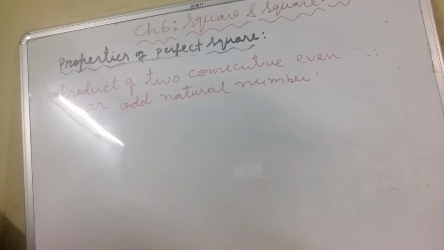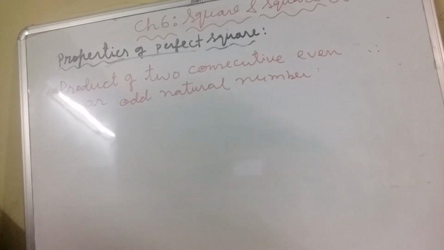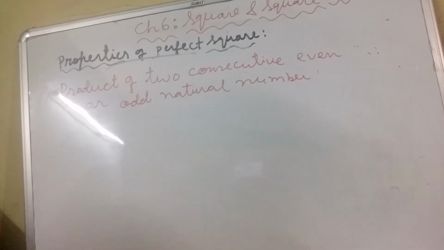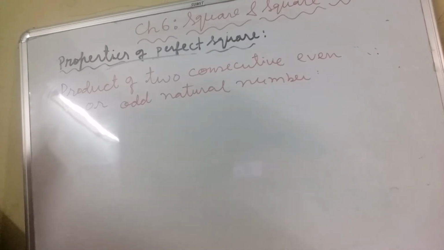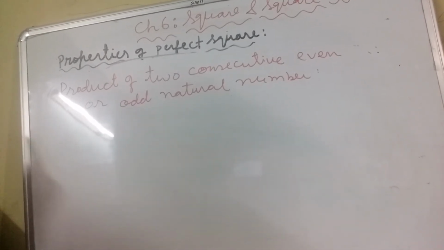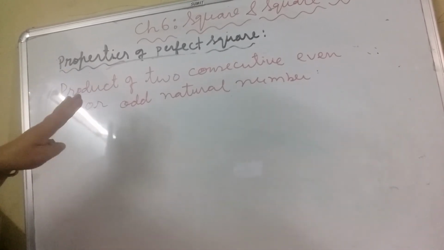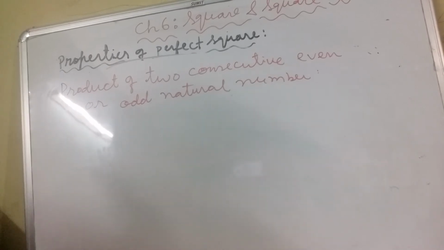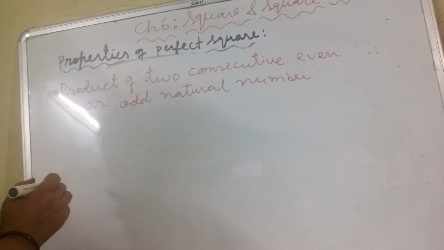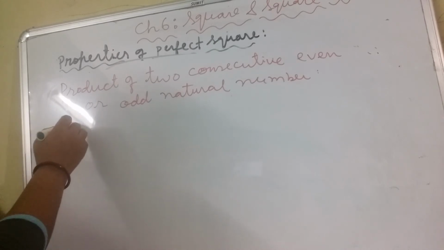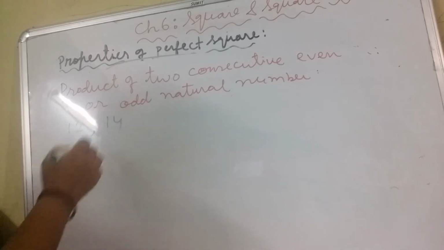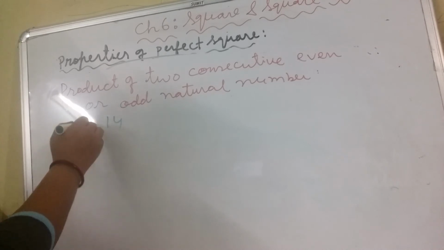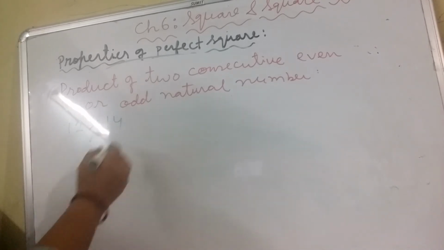If we know how to find perfect square numbers, we can easily find the product of two consecutive even or odd natural numbers. Let's take an example, two consecutive even numbers, say 12 and 14. You have to find the product of 12 and 14.